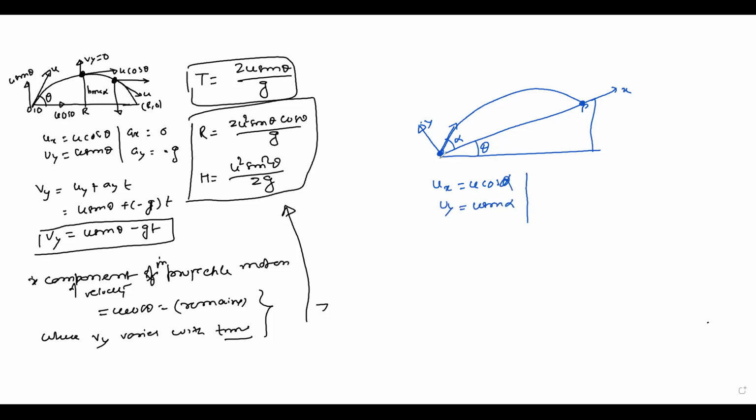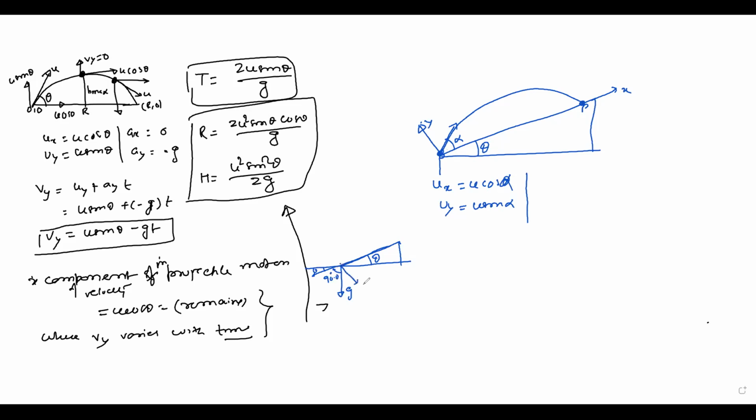Now you see the acceleration. The acceleration due to gravity is in this direction. Suppose we are drawing it separately. Acceleration due to gravity in this direction, g. So we may break it up. Suppose this is the theta angle, and this is 90 minus theta.